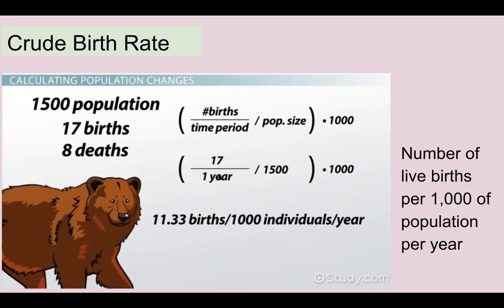So we can put 17 over 1, and then divide that by the population size, which is 1,500. Then we multiply that by 1,000. If you put all that in the calculator, you'll get about 11.33 births per 1,000 individuals per year. So super easy equation for you to follow to find the crude birth rate.